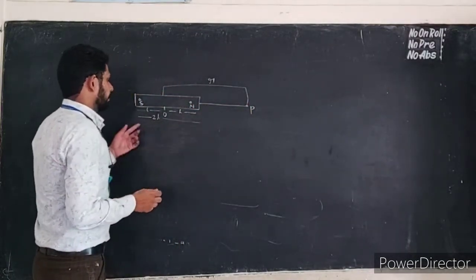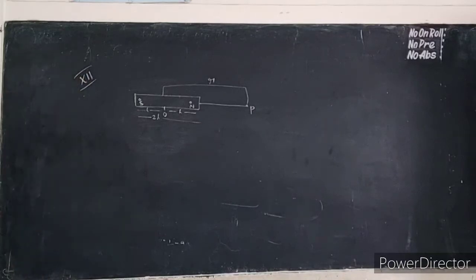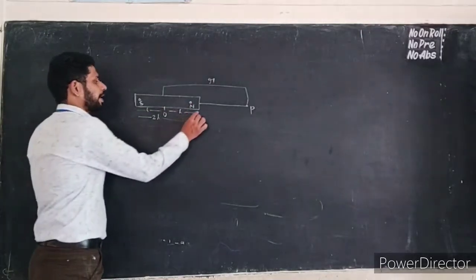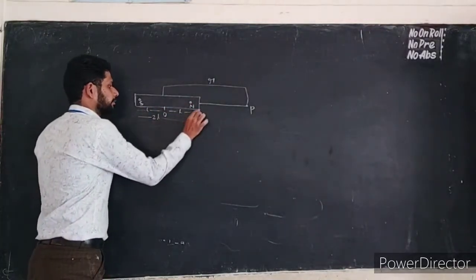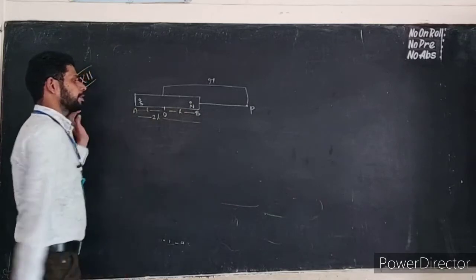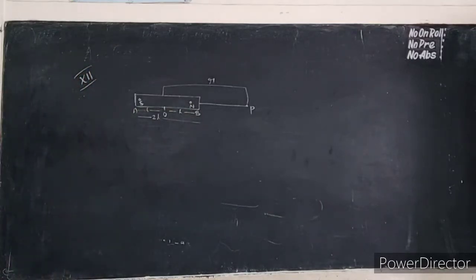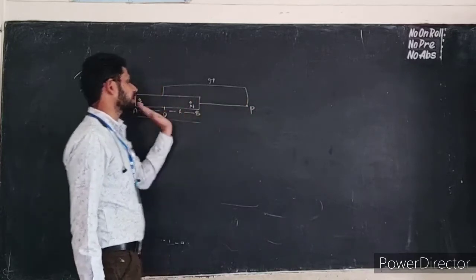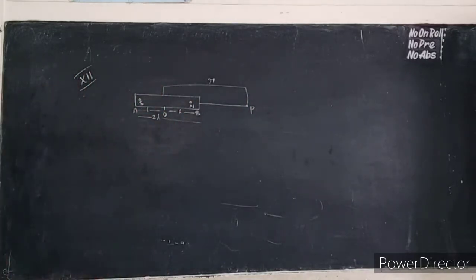Now we have to calculate the magnetic field at the point P. Let the poles be separated by a distance of 2l, and P lies on the axial line.